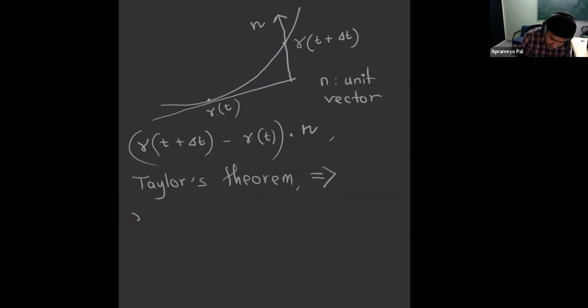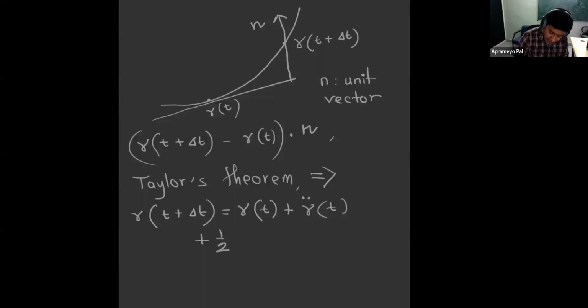So this gives gamma(t + delta t). This is nothing but gamma(t), then you have gamma'(t) delta t, plus half gamma''(t) delta t squared, plus some higher order terms.